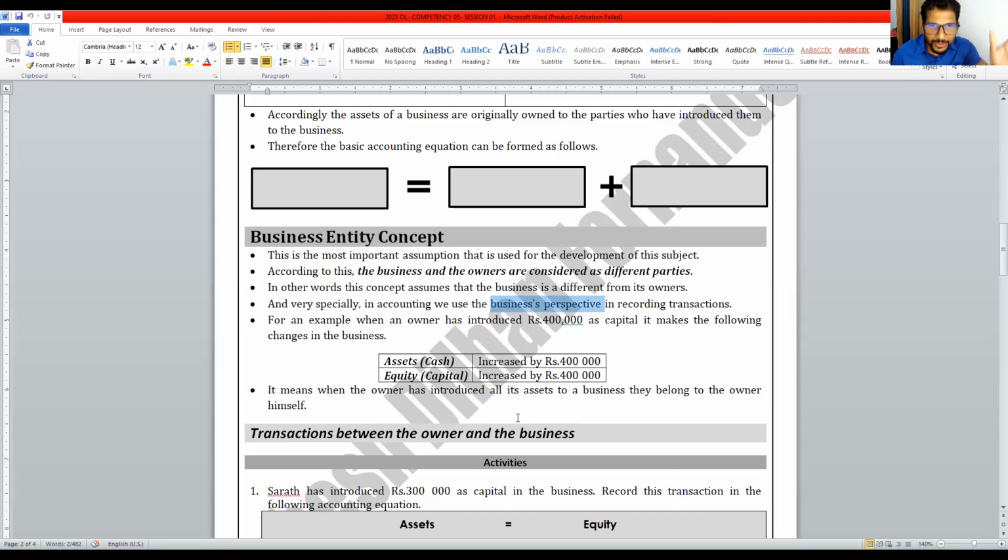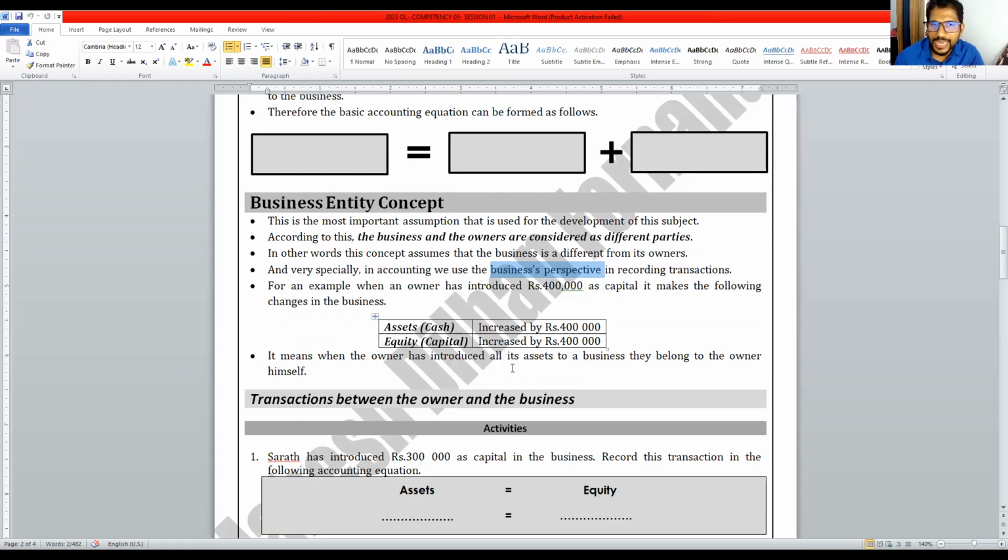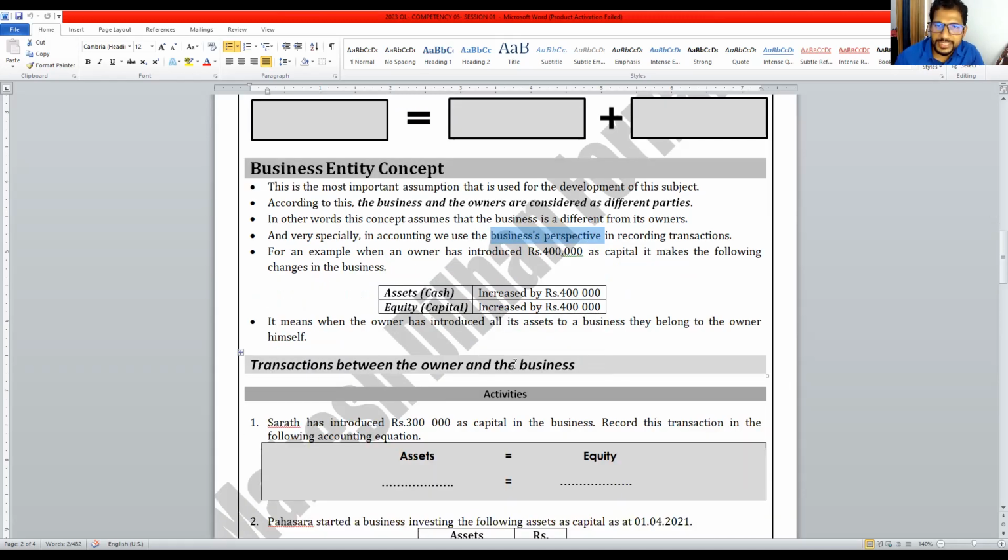How the business recognizes it, not the owner. We never keep accounts according to the owner's viewpoint. We always use the business's viewpoint. For an example, when an owner has introduced 400,000 as capital, the business recognizes this transaction like this.